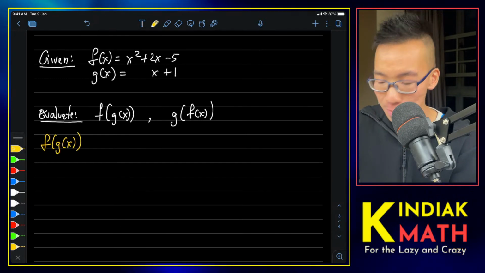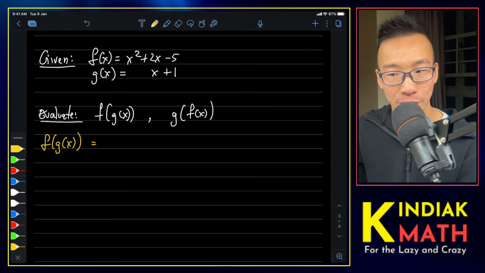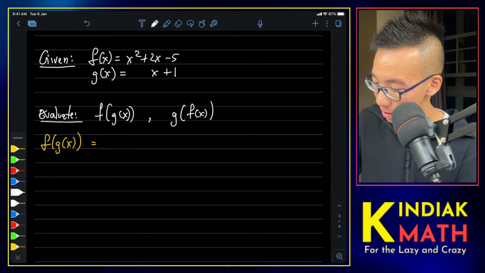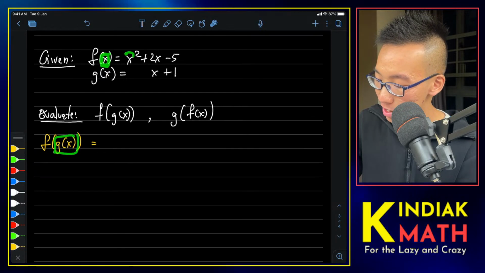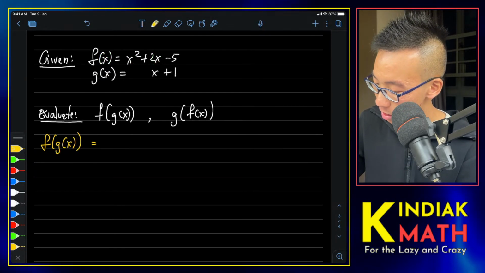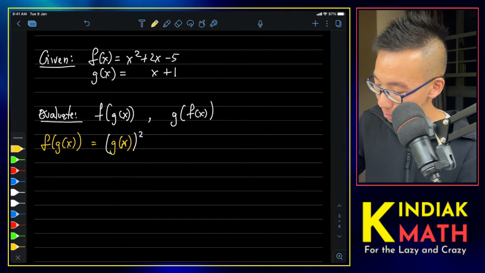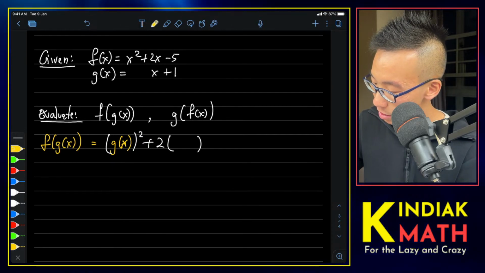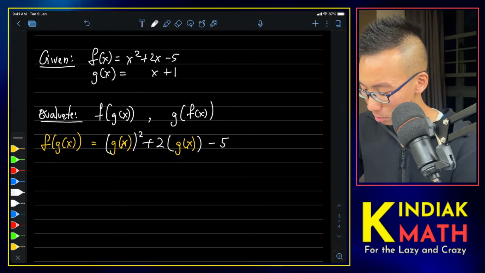We're going to take g of x and plug it all into the f of x. So I'm going to take g of x and replace all instances of x over here with g of x. So it's going to look a bit like g of x all squared plus 2 times g of x minus 5.